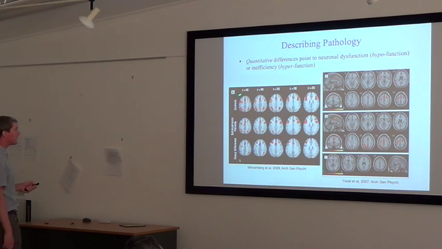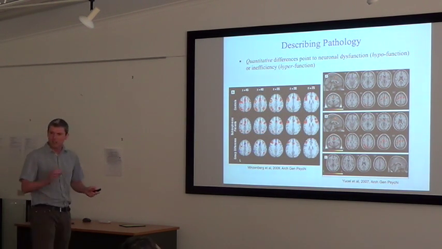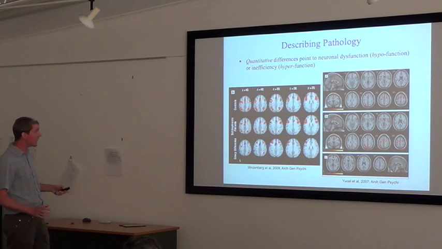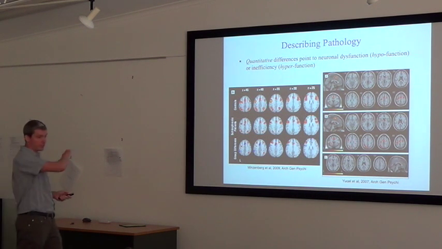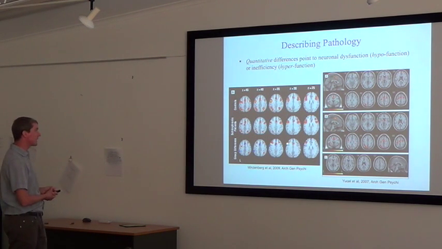On the left, we see schizophrenia. This is actually a meta-analysis of 41 executive functioning tasks. And we can see that we have a very similar pattern of activation in controls as we do in patients. But in particular, we see a reduction in activity fairly consistently in dorsolateral prefrontal cortex, in this case weighted to the left, being an executive functioning task.